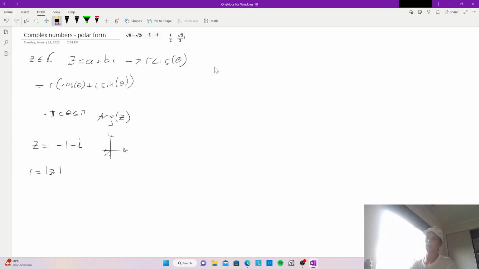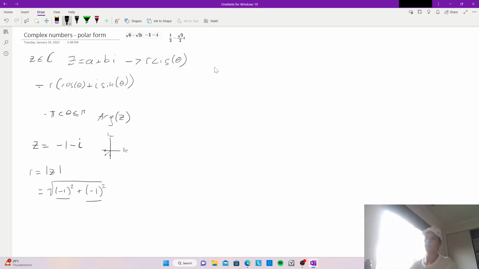So r is equal to the square root, pretty much using a distance formula. Square root of negative 1 squared plus your other value, negative 1 squared. So you've got our real part, our imaginary part.